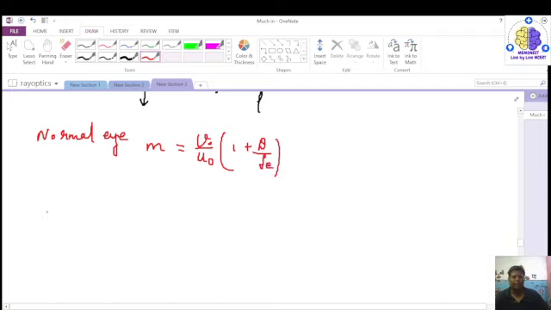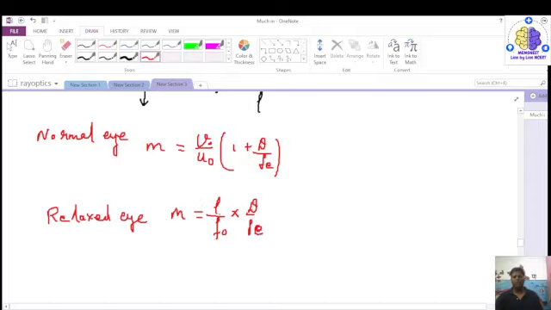And for relaxed eye, magnifying power is given as length of the microscope upon FO into D upon FE, right?